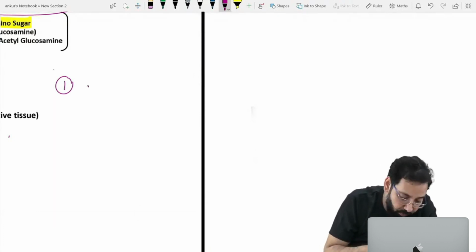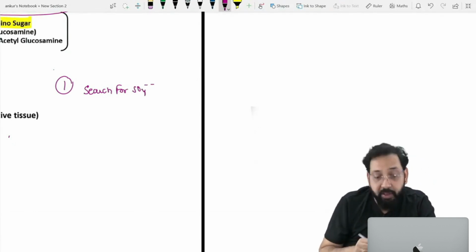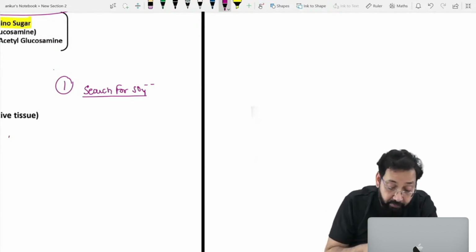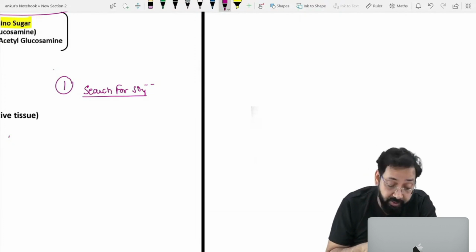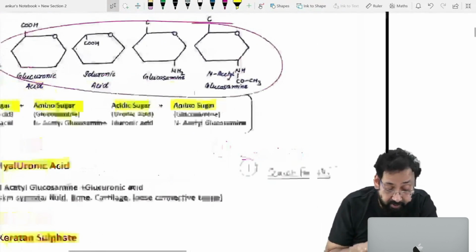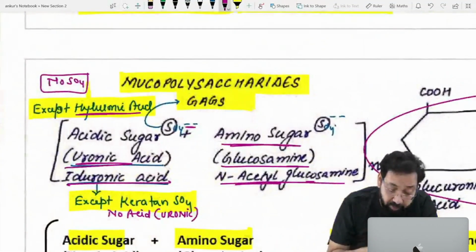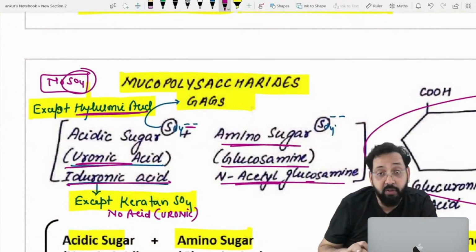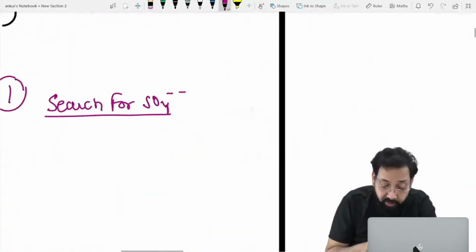You will search for sulfate. If sulfate is there, it can't be hyaluronic acid. What I said: sulfate is there, it can't be hyaluronic acid. I told you, hyaluronic acid has no sulfate. So whenever a question is asked on the recognition of structure, search for sulfate.